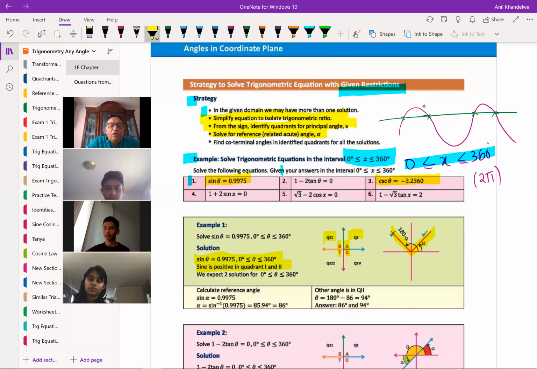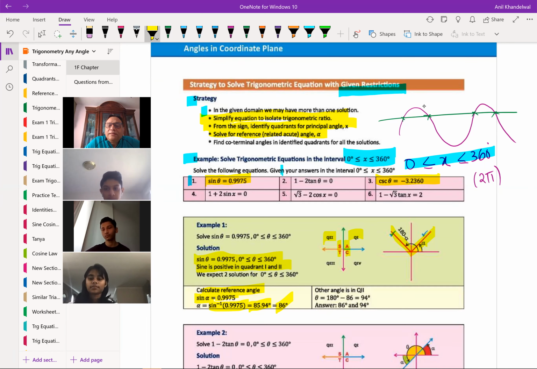We use the reference angle: sin α = 0.9975, so α = sin⁻¹(0.9975). That gives us 85.94 degrees, or rounded to a whole number, 86 degrees. That becomes the reference acute angle.